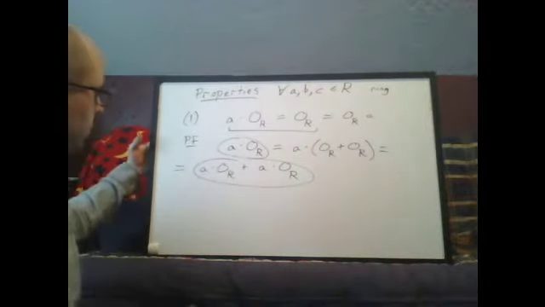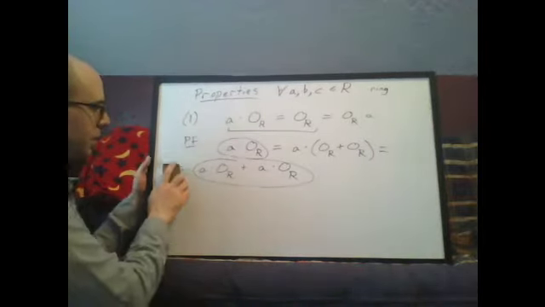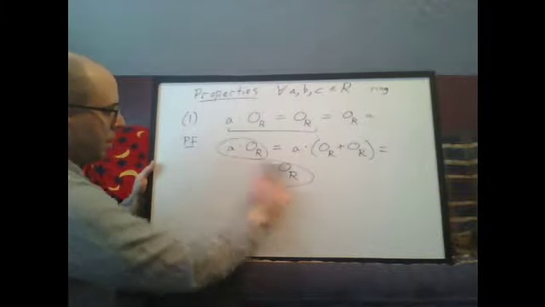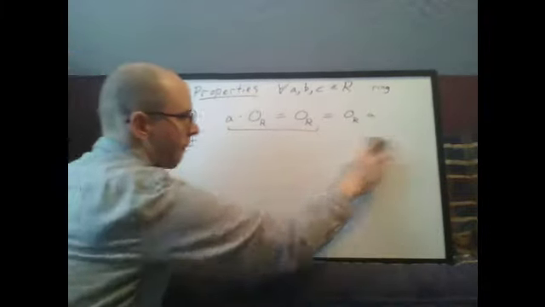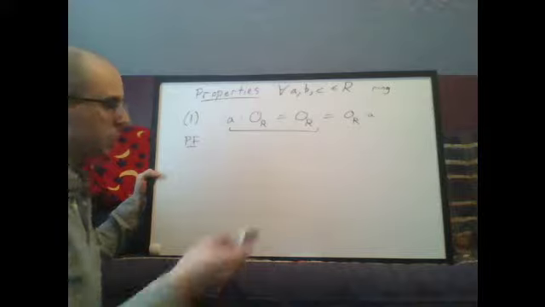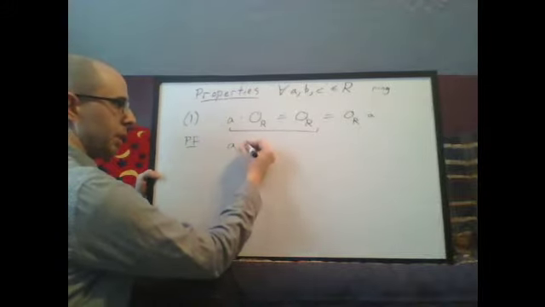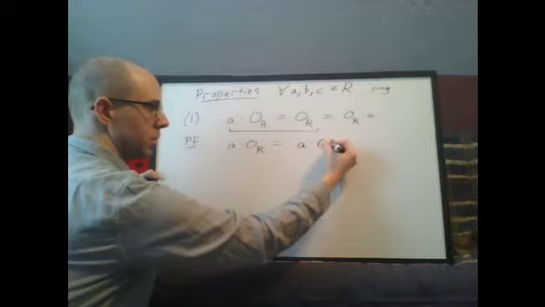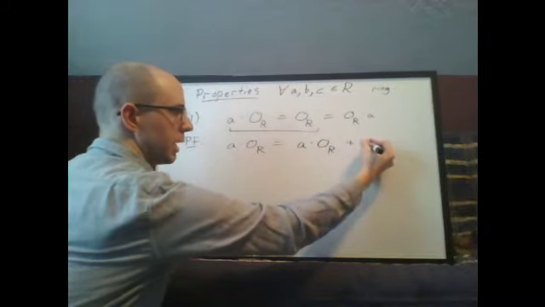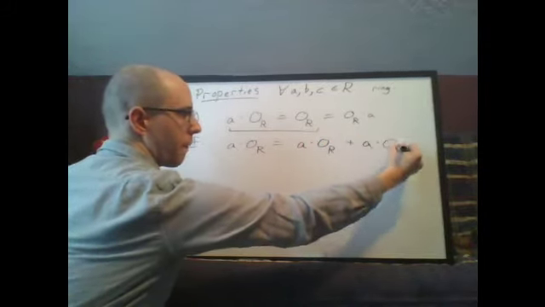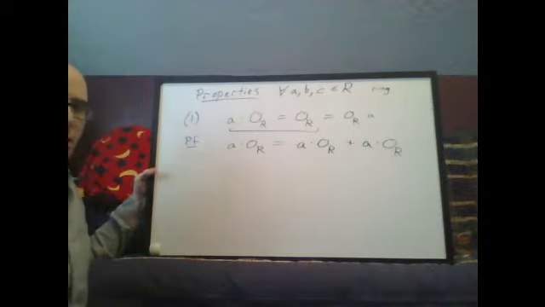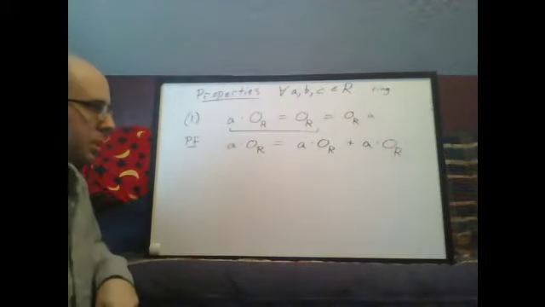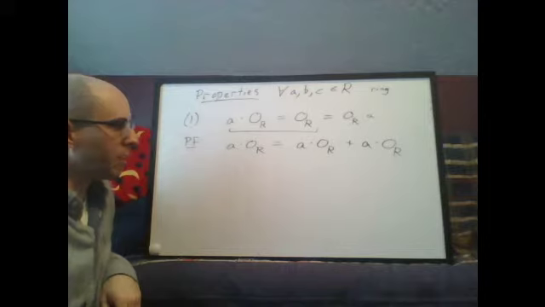So, in interest of space, let me erase. To summarize the equations I just had, I have a times 0 equals a times 0 plus a times 0. This is equal to this because that was just the transitive property of equality that we used there.